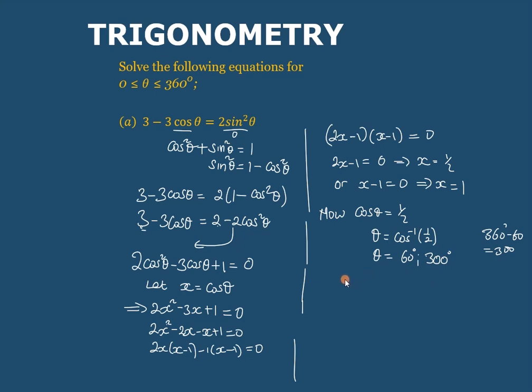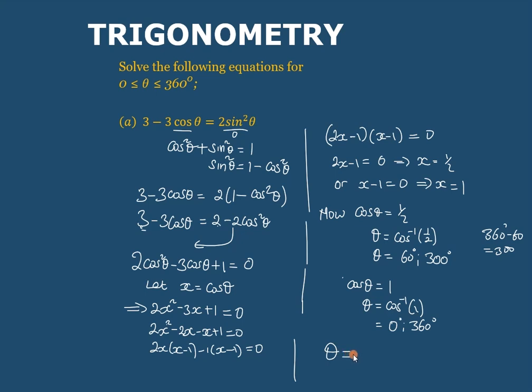Then we have the other value of x, which is 1. So cosine of theta equal to 1, implying that theta is equal to cos inverse of 1, and the cos inverse of 1 is 0, and that one can also be 360.